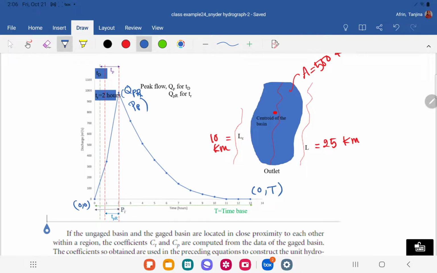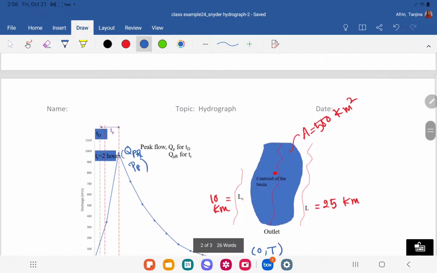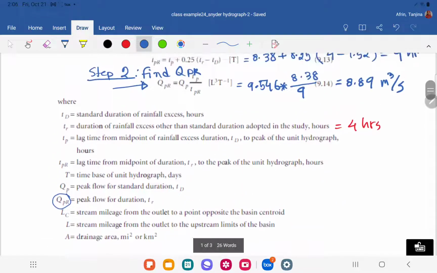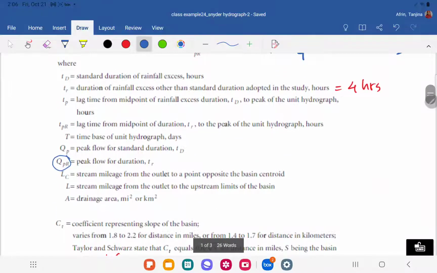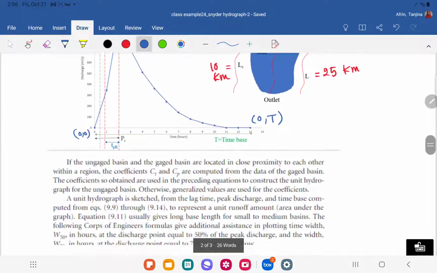Our PR is basically at which time we will have the peak flow. So let's find out the PR, which is, I'm not seeing the equation here.